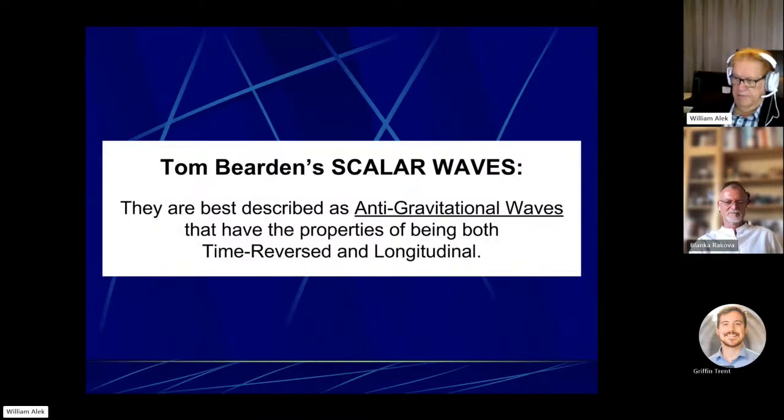The next slide here, Tom Bearden's scalar waves. What exactly is he talking about? Well, what Tom spoke about in his lectures was an anti-gravitational wave, which has the properties of being time reversed and longitudinal. I want to emphasize that it was time reversed and longitudinal.